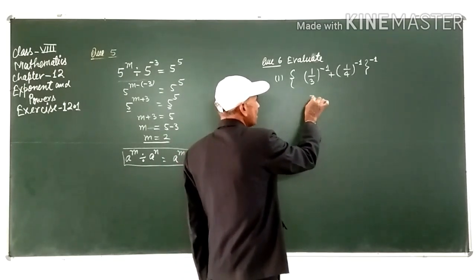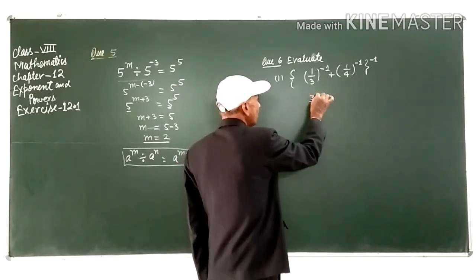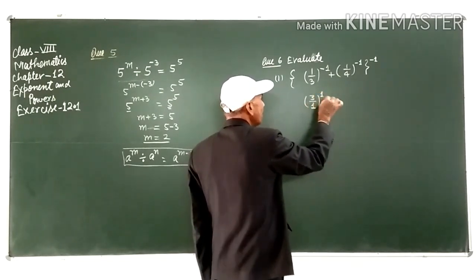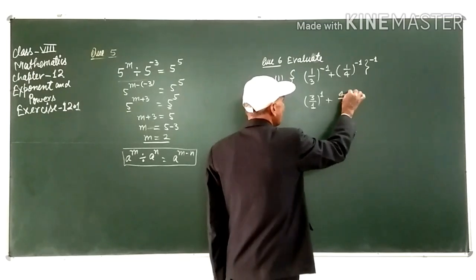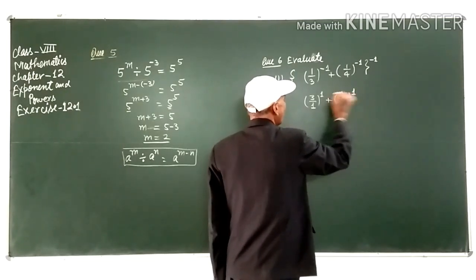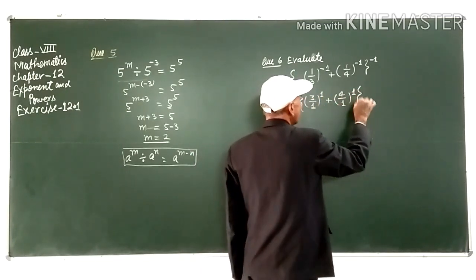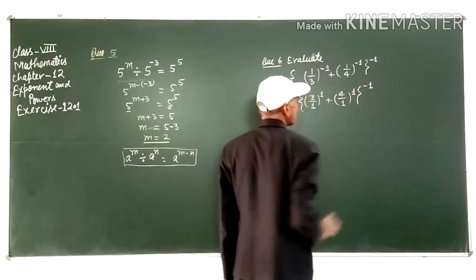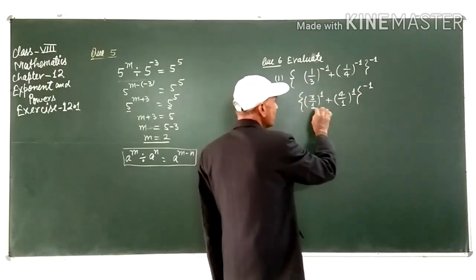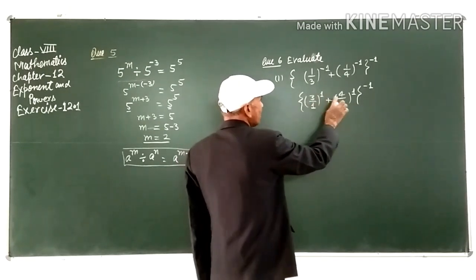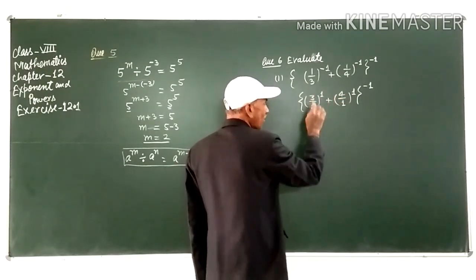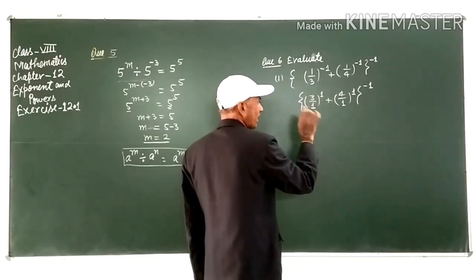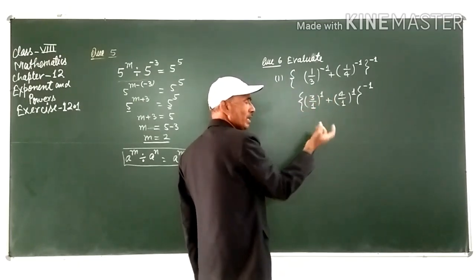So it will be (3/1) to the power 1 plus (4/1) to the power 1, and whole power of this is equal to minus 1. So students, this one will be 3 and this one 4. So power 1 means 3 one time, and 1 to the power 1 means 1.